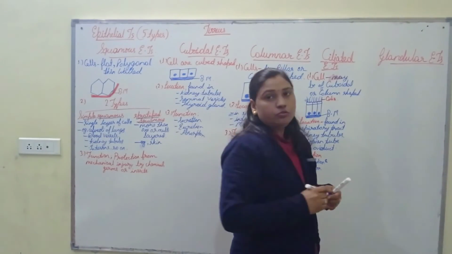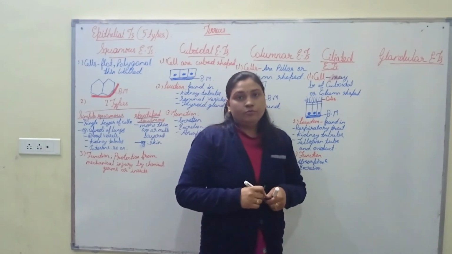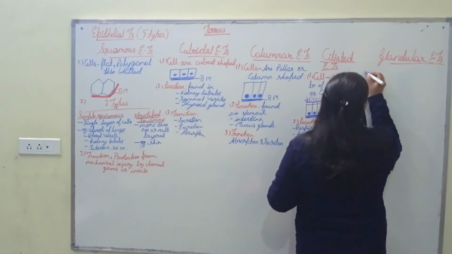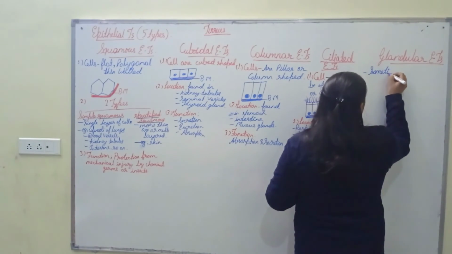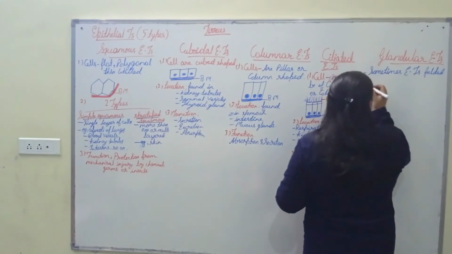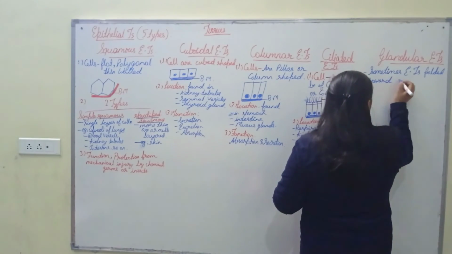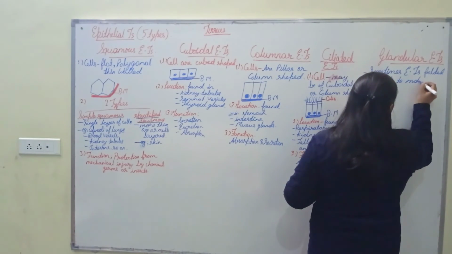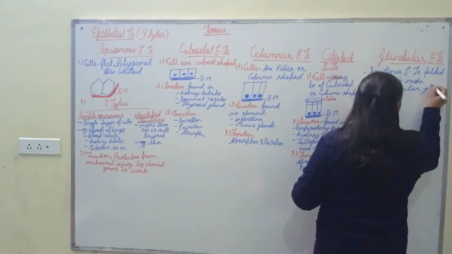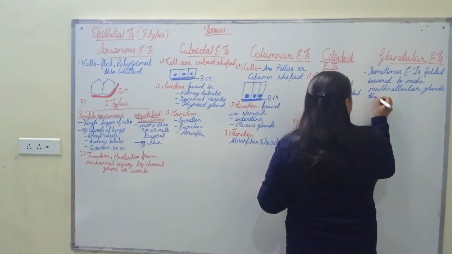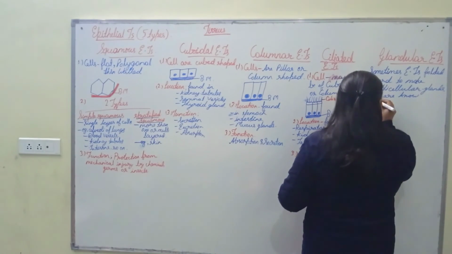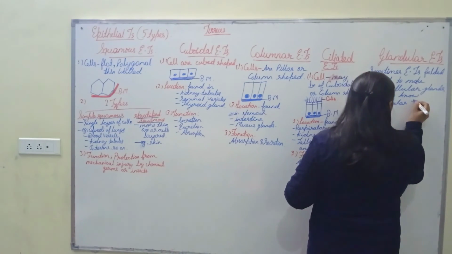Now we have glandular epithelium tissue. Sometimes the epithelial tissue folds inwards and forms multicellular glands that are known as glandular epithelium tissue.